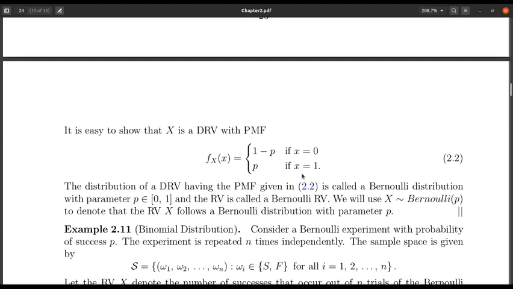If a discrete random variable has this PMF, then that discrete random variable is called a Bernoulli random variable with parameter p. Note that if I change p, the PMF will change. That means the probability of success and the probability of failure change, so the probability mass function changes.